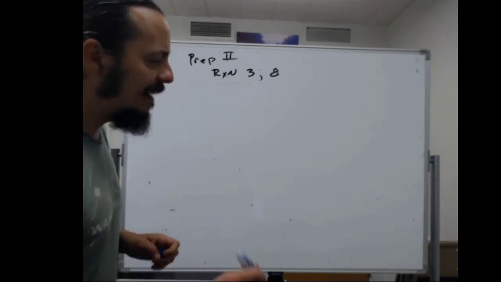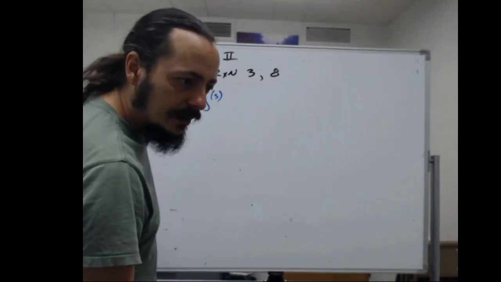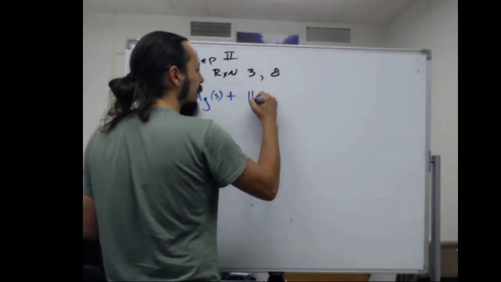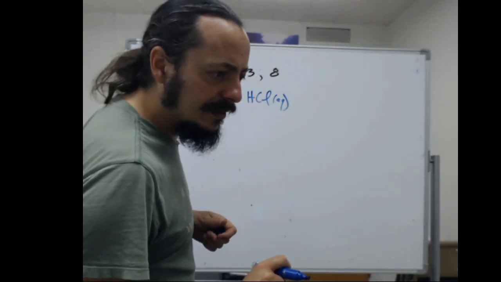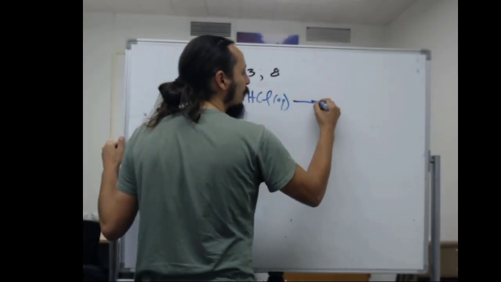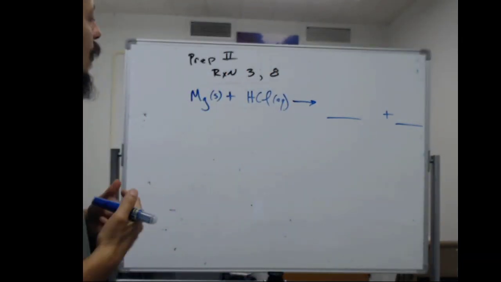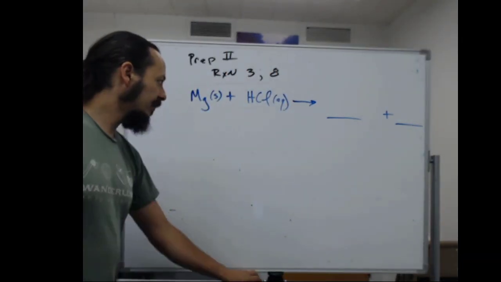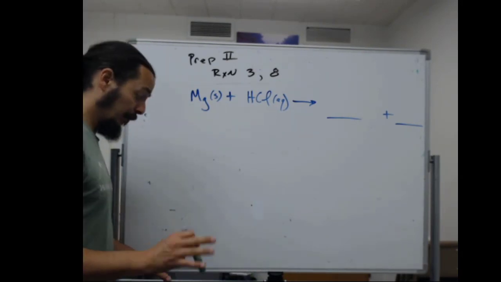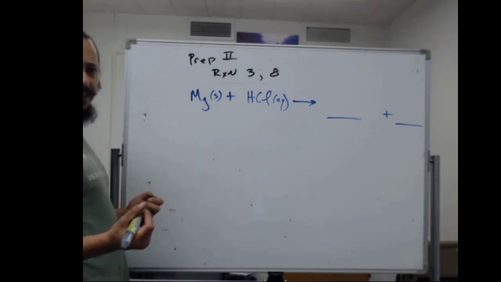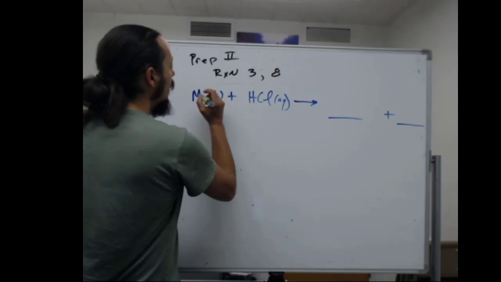Reaction 3 is magnesium metal reacting with hydrochloric acid, aqueous. And it even gives us a hint. It says we're going to have product 1 and product 2. So when we start trying to predict products, the place I like to start is I like to say, okay, what's the charge on each thing as it is in its reactant state?